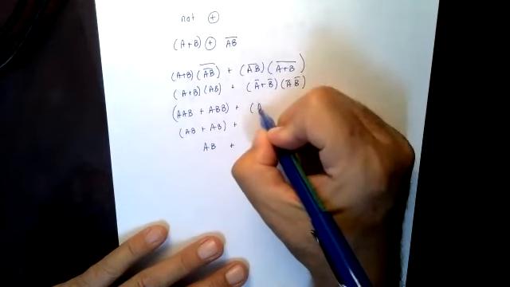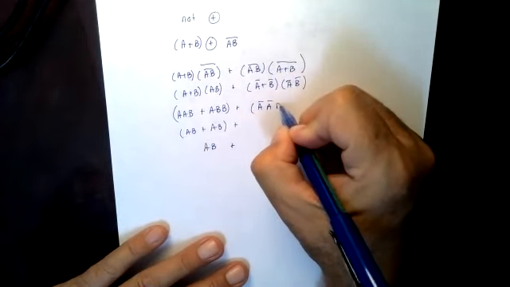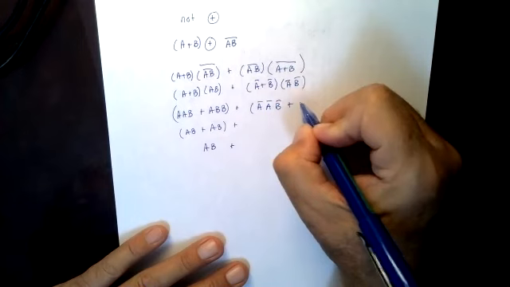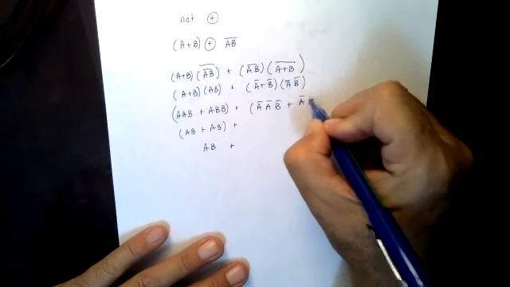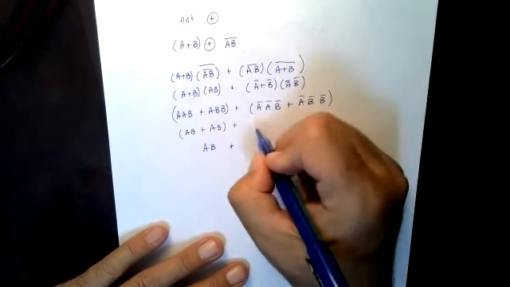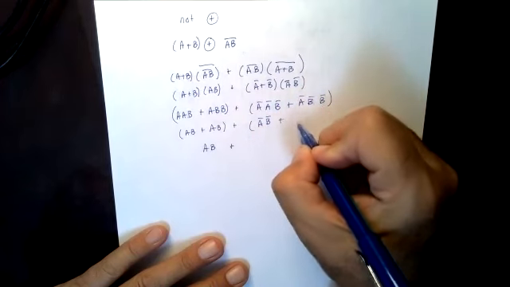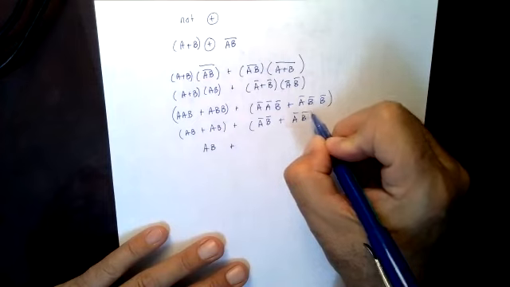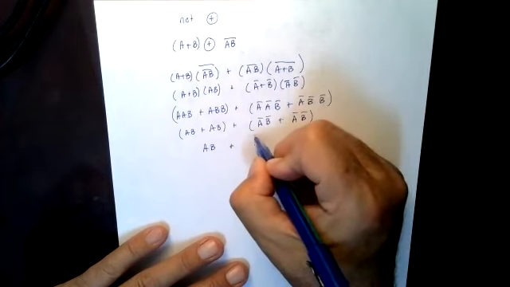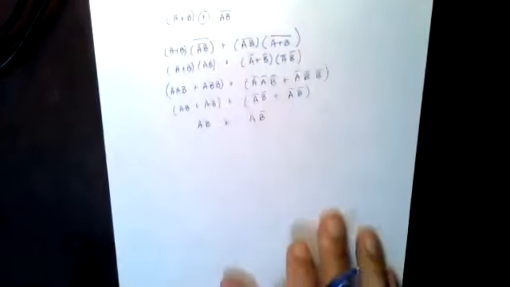Distribute: A not B not plus A not B not B not. That becomes A not B not plus A not B not, which becomes A not B not.